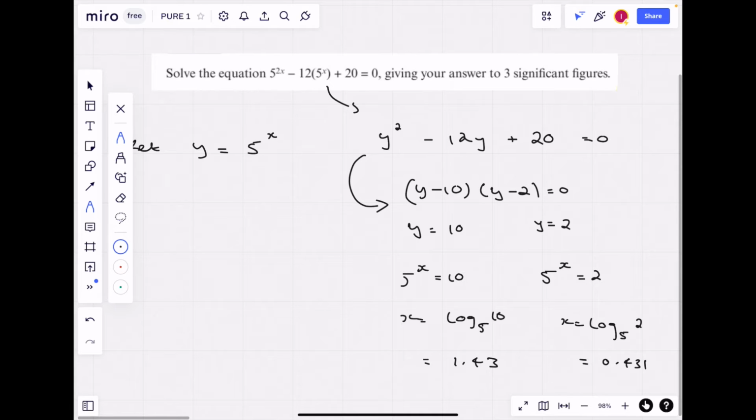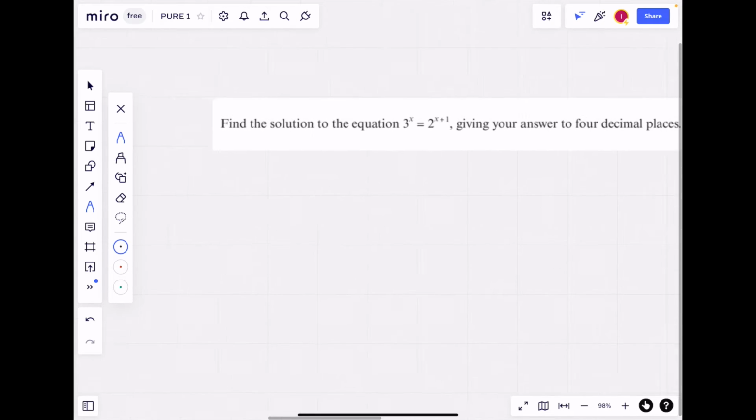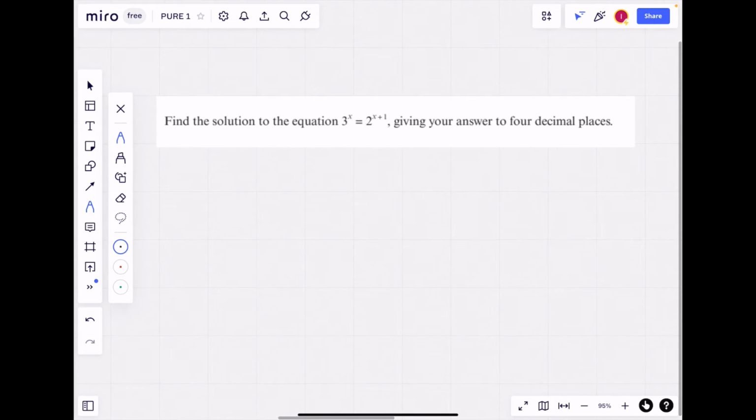Okay, that is one question. That's one scenario. Here is another one. Find the solution to the equation 3 to the power of x equals 2 to the power of x plus 1. Give your answer to 4 decimal places.